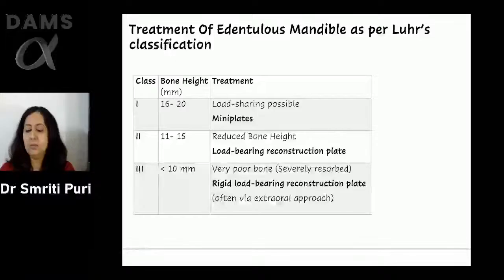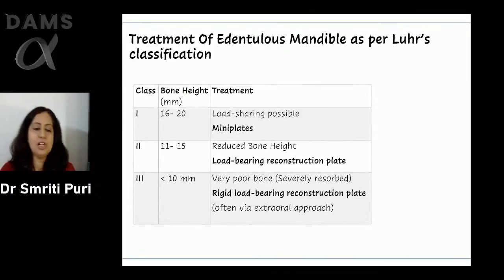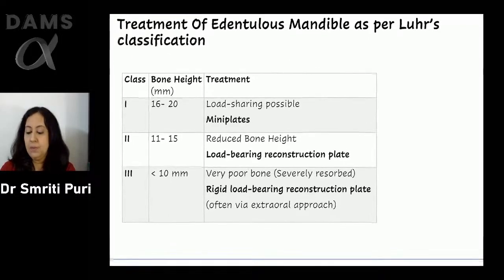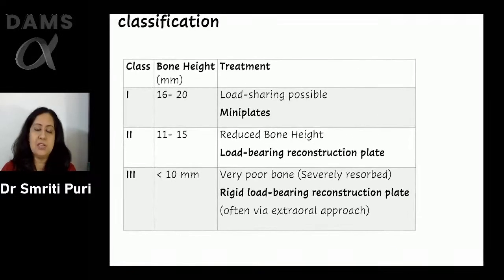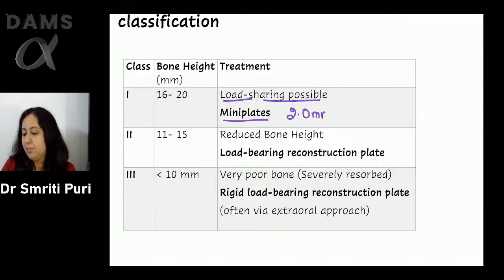Alright. Now, treatment of edentulous mandible as per Lure's classification. So we have just now seen the classification and the bone height. So for class 1, he said you can use a load sharing mini plate. Those are your 2 mm profile or 2 mm thick plates.